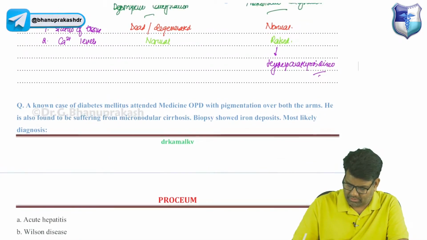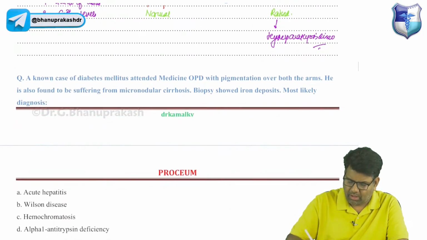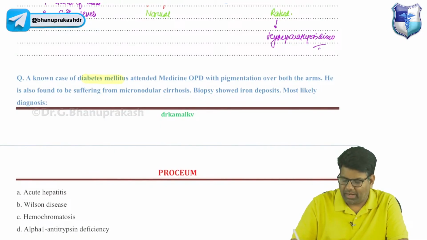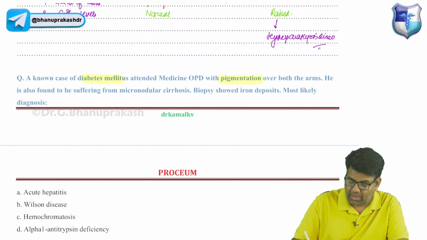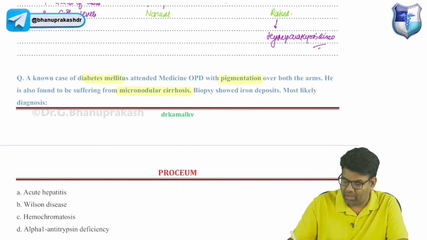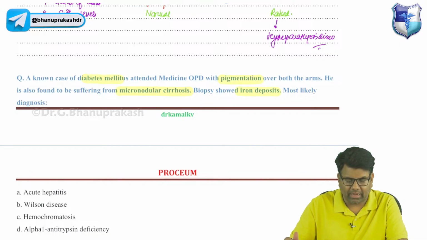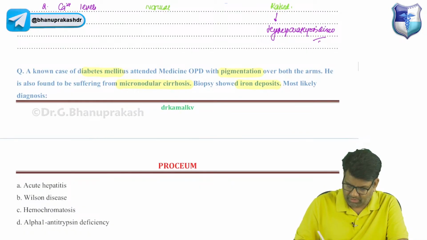Now, next question. A known case of diabetes mellitus. He had pigmentation over the arm, and he is also having micronodular cirrhosis. Biopsy is showing iron deposits. Most likely, yes, everyone is correct here.